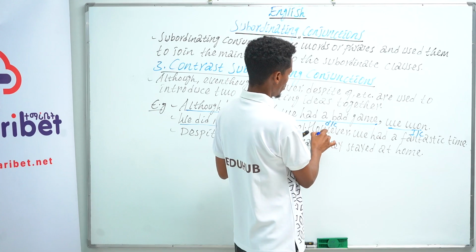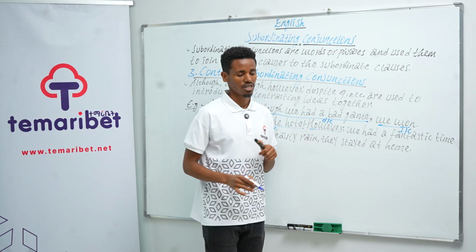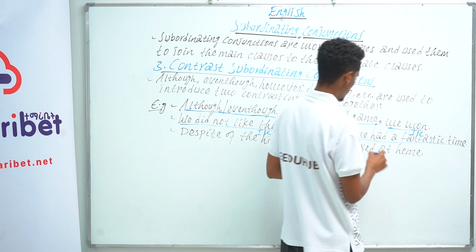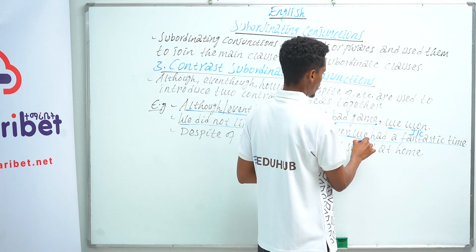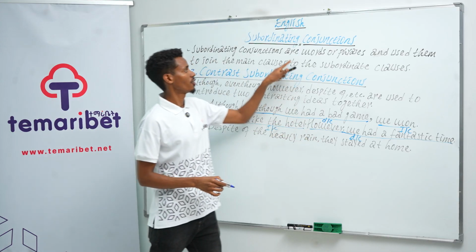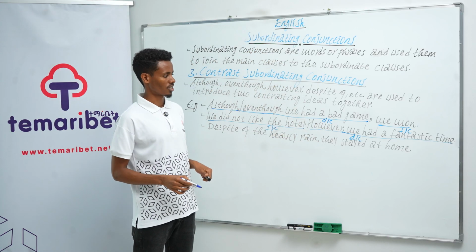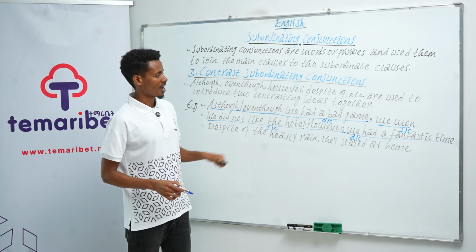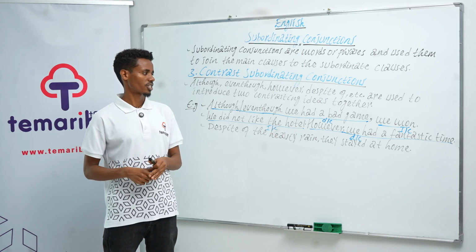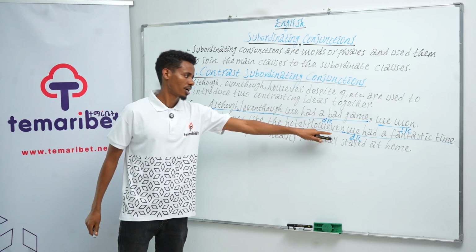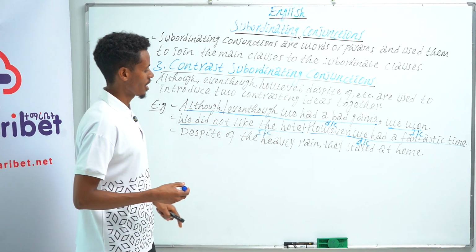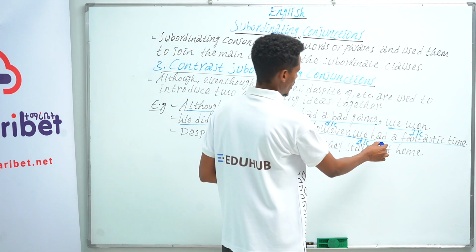Whereas when we come to the contrasting subordinating conjunction, however, up to the last part of the sentence, this one is the dependent clause because the clause is introduced by a subordinating conjunction. So any clause introduced by a subordinating conjunction can be called a dependent clause.